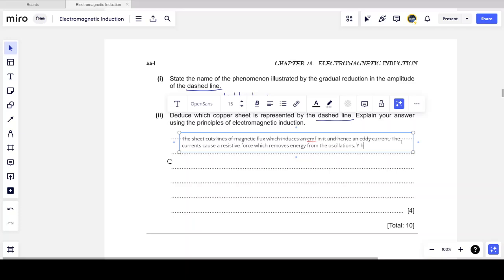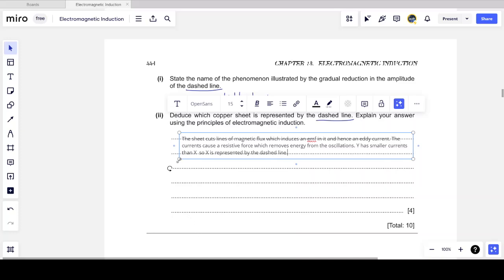Now what we know is that Y has holes in it. So Y has smaller currents than X, because Y has a smaller surface area, X is a larger surface area. And so what this means is that X is represented by the dashed line. And that's because X shows the much greater damping.